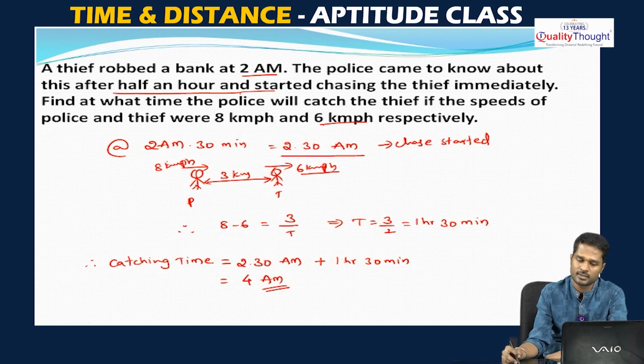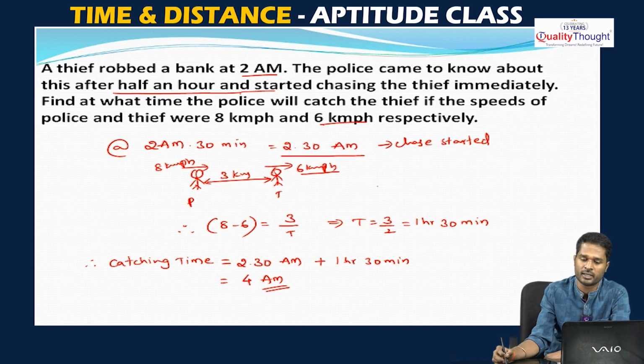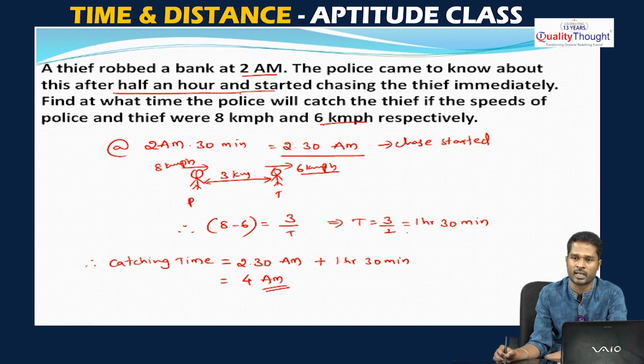So relative speed is 8 minus 6, equal to distance 3 by t. So t is equal to 3 by 2, that is 1.5 hours, which is 1 hour 30 minutes. So the catching time is 4 am: 2:30 am is when the chase started, plus the extra 1.5 hours the police took to catch the thief.